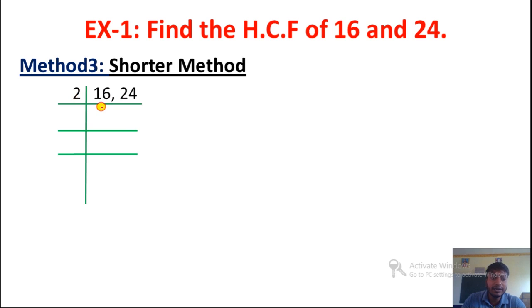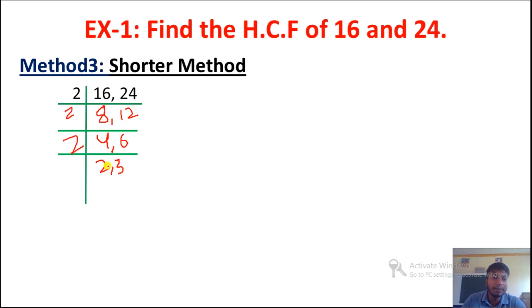Now divide. 2 8s are 16, give comma, and 2 1s are 2, 2 2s are 4, 12. Now here we have 8 and 12, again we can divide by 2, so we will take 2. Now 2 4s are 8, 2 6s are 12, again it will go by 2 because we have 4 and 6. Now 2 2s are 4, 2 3s are 6.